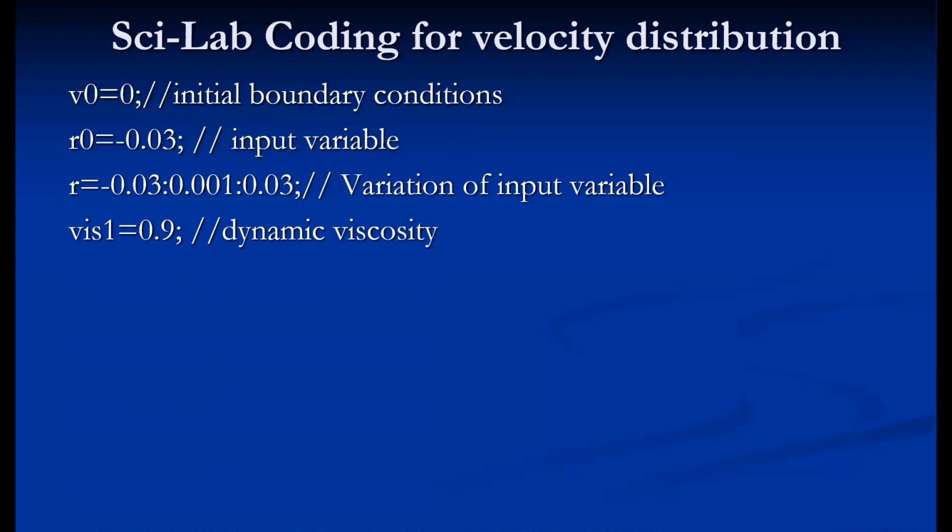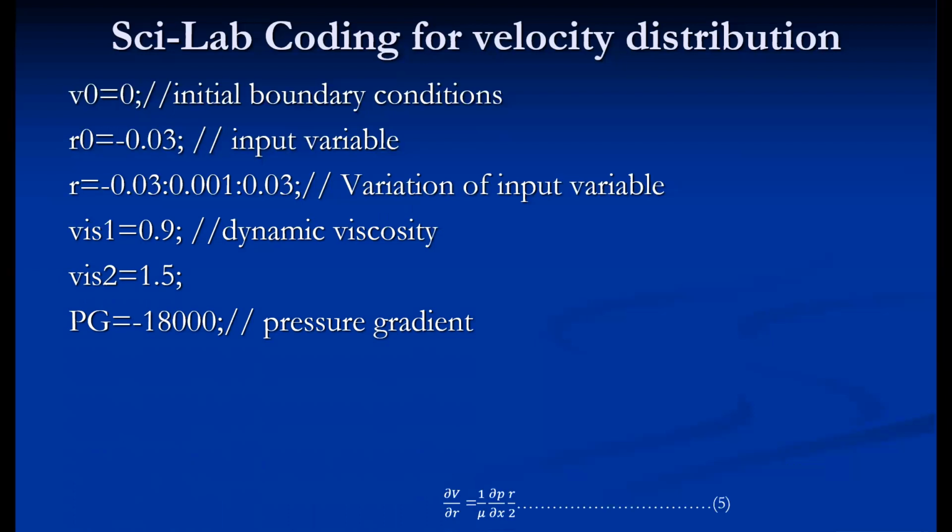In the previous problem, the same viscosity we considered, 9 poise, converted into SI units, 0.94 Newton second per meter square. Then the second viscosity is 1.5. Then the pressure gradient we have considered, per meter length, is minus 18,000 Newton per meter square per meter length.